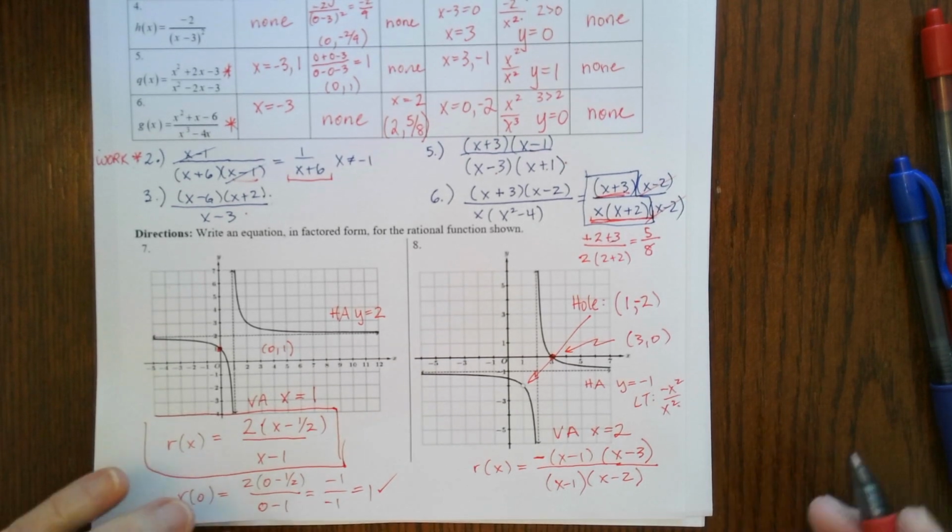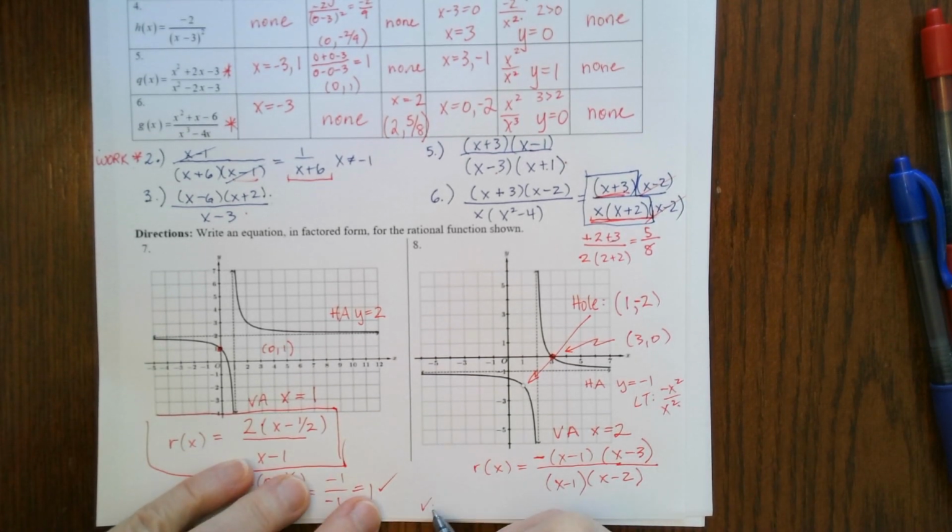And then we could check the coordinates of our hole. So let's check using the reduced function of minus x minus 3 divided by x minus 2. Let's check what we have at x equals 1.